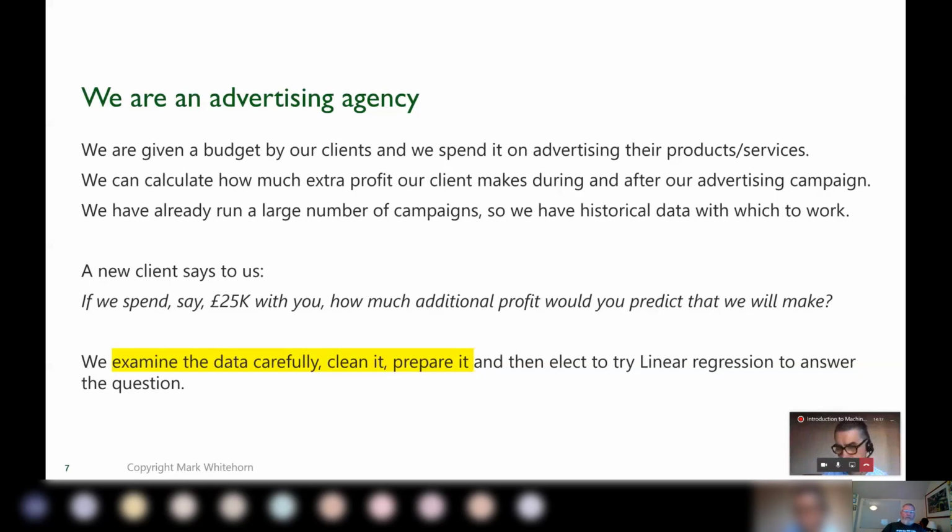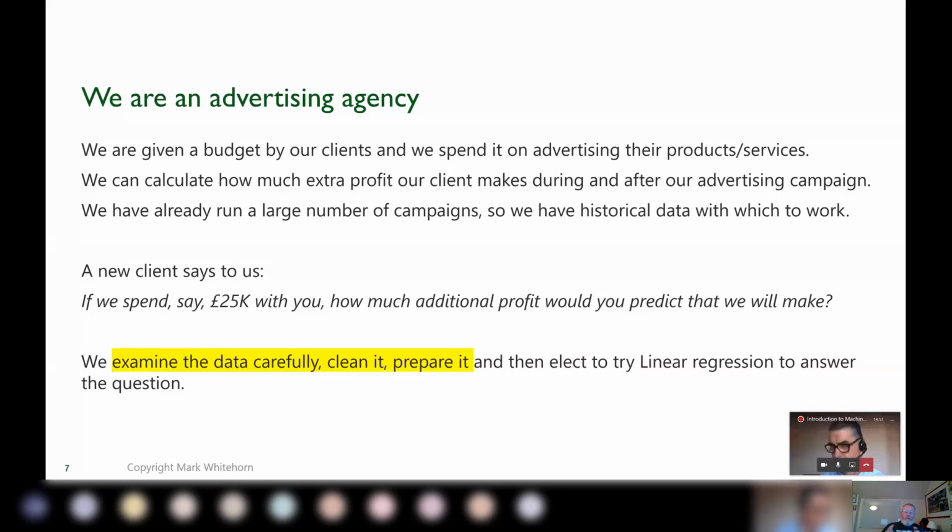You can't just start throwing machine learning algorithms at data randomly. The first thing you'll do is look at the data, kind of smell it, taste it, listen to it, get a feel for what it looks like. Only then can you decide what algorithms or what machine learning techniques you might use on it.